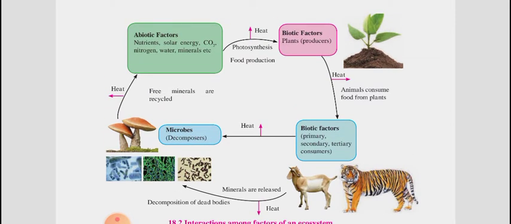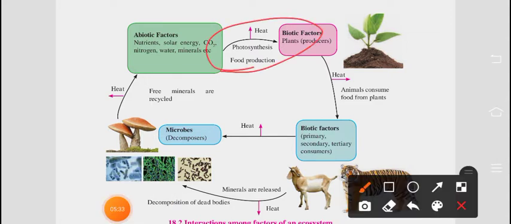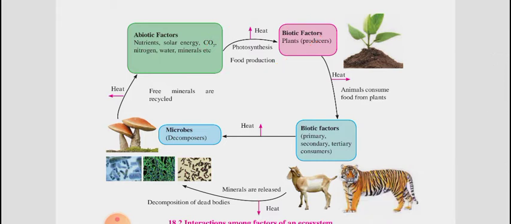And through heat and the photosynthesis procedure, the plant gets food, the plant makes its food, and oxygen is released out. So you may have observed that in this overall cycle, there is a presence of biotic as well as abiotic factors, and this happens everywhere in our ecosystem.